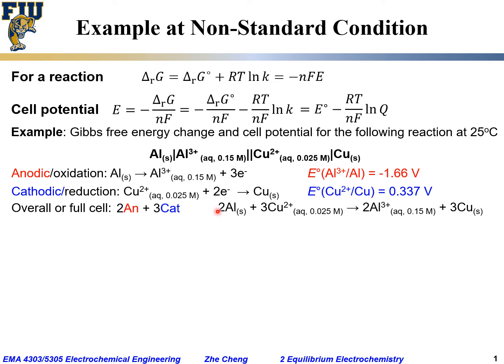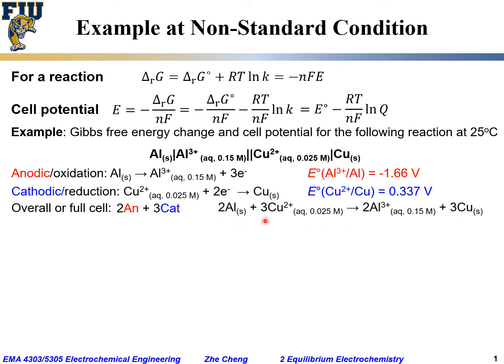And if you do that, this would be the so-called overall or full cell reaction: 2 aluminum atoms combine with 3 copper 2+ ions to form 2 aluminum 3+ ions and 3 copper. Okay, so for mass balance, 2 aluminum on the left, 2 aluminum on the right, 3 copper on the left, 3 copper on the right.